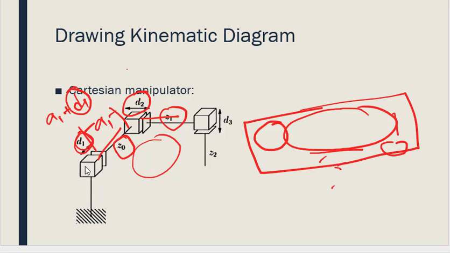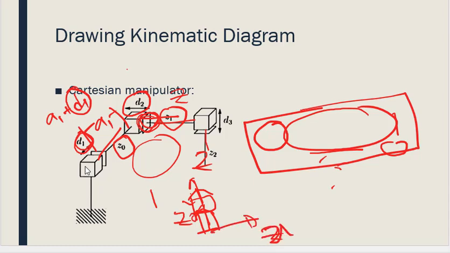Another thing we have to remember: for a prismatic joint, the direction and axis are changeable, and according to the axis it will be Z. But for rotation, the rotation displacement will be about the Z axis, and we are free to take X and Y following the right hand rule, because it depends on the x-axis.